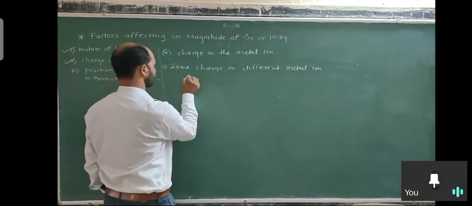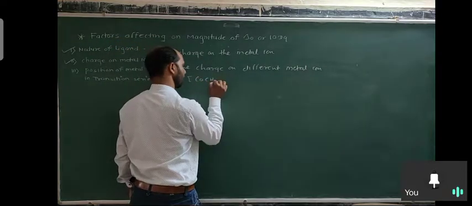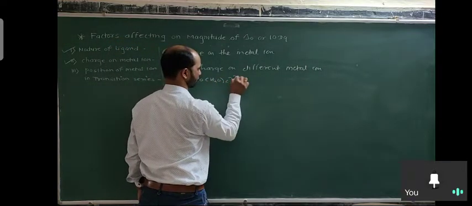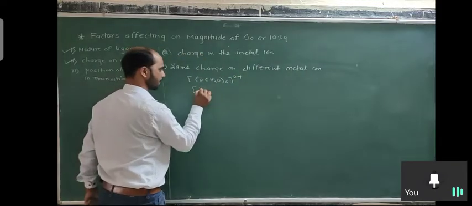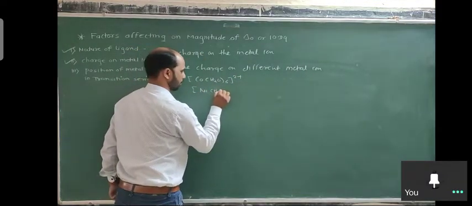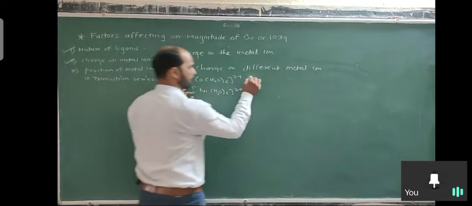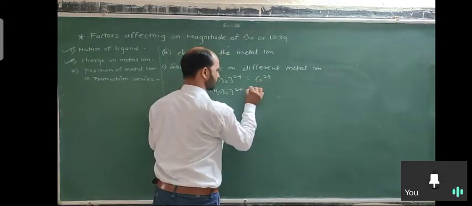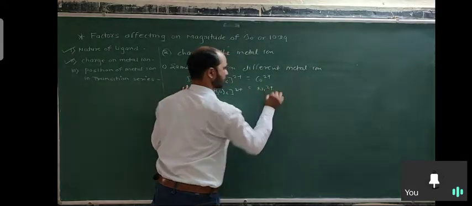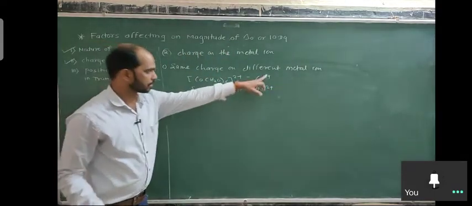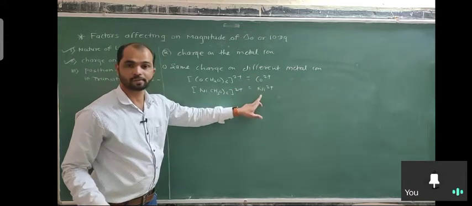For that we consider here [Co(H2O)6]2+, and the second one is [Ni(H2O)6]2+. That means here cobalt exists in the 2+ oxidation state, and nickel exists in the 2+ oxidation state. Means same oxidation state but different metal ions.